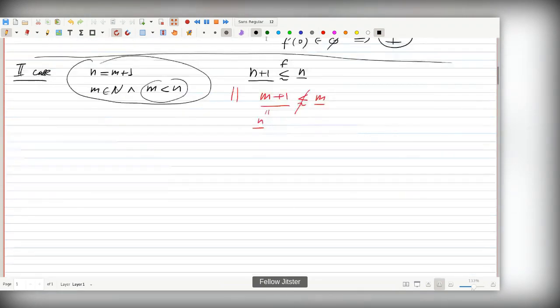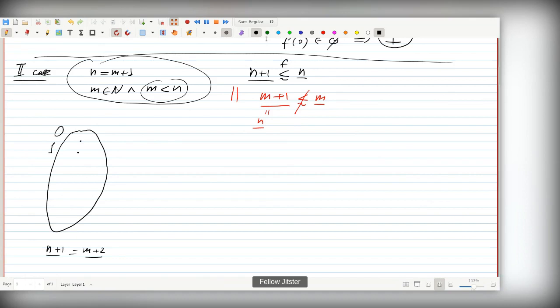Okay. Now let us consider this injection f. So we have n plus 1, which is the same as m plus 2. It contains 0, it may contain 1, it necessarily contains m, and m plus 1.